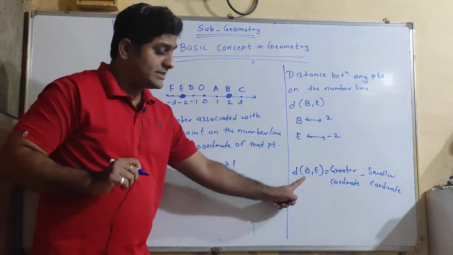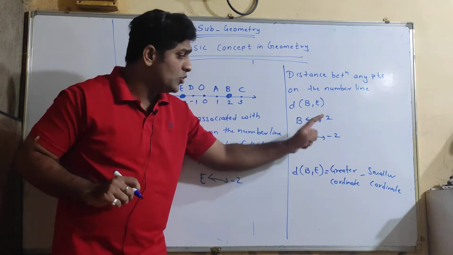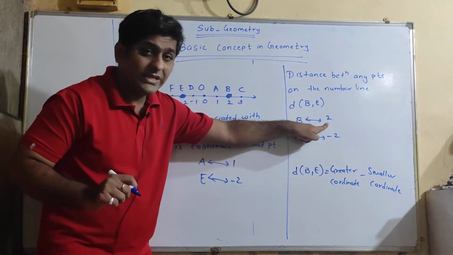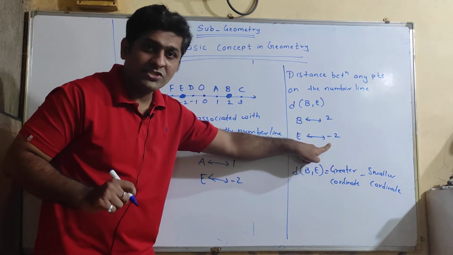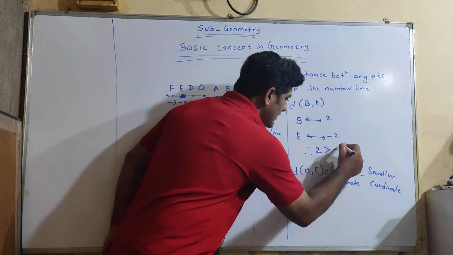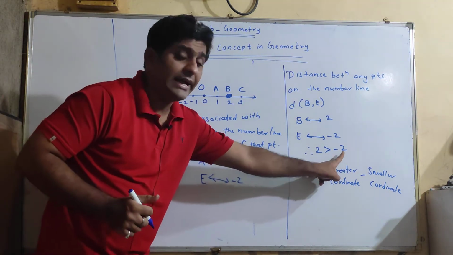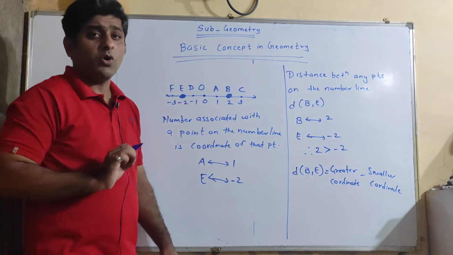We are supposed to find between 2 and minus 2. We can make out, students, that 2 is the greater coordinate and minus 2 is the smaller coordinate.